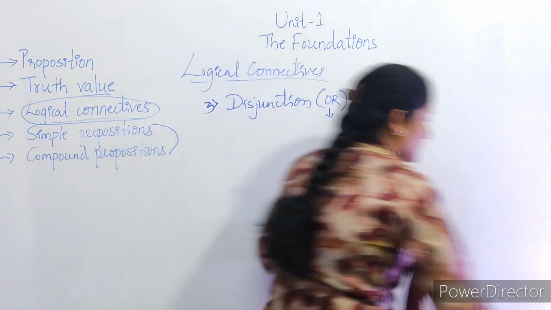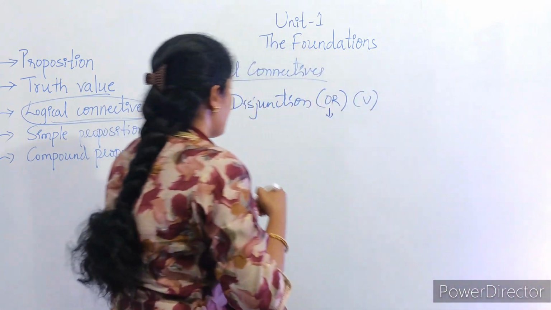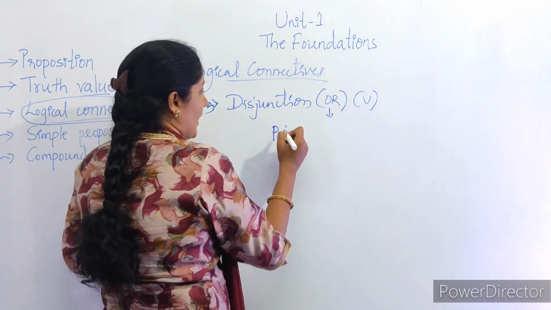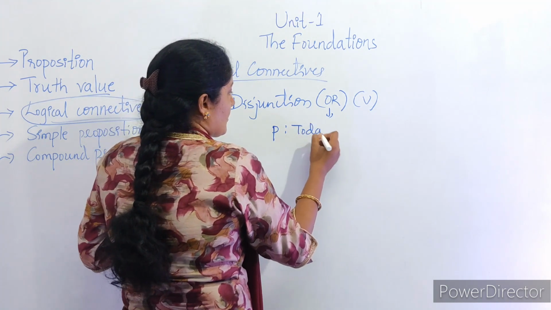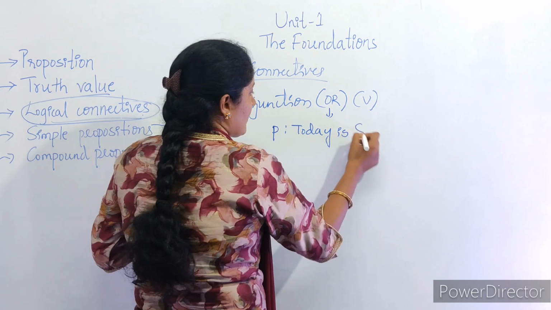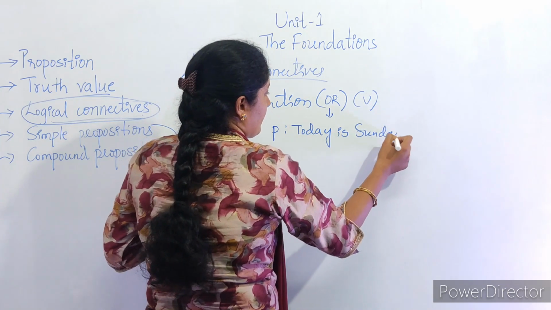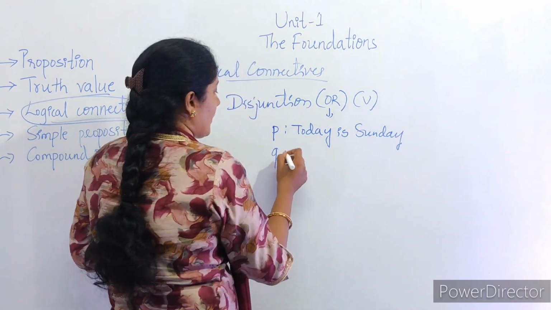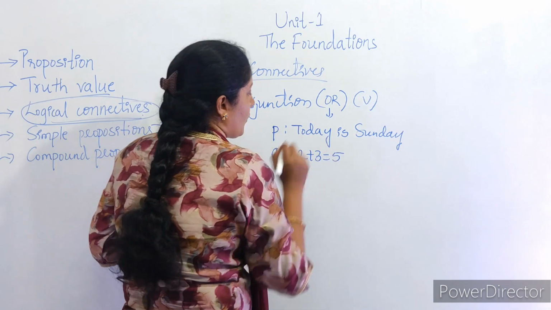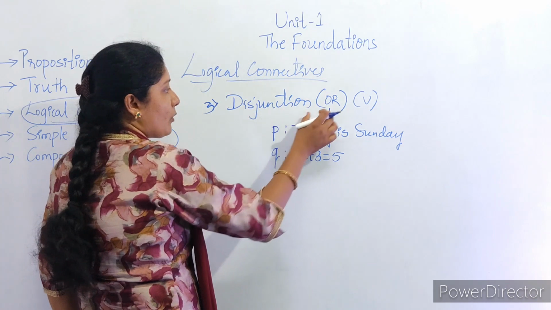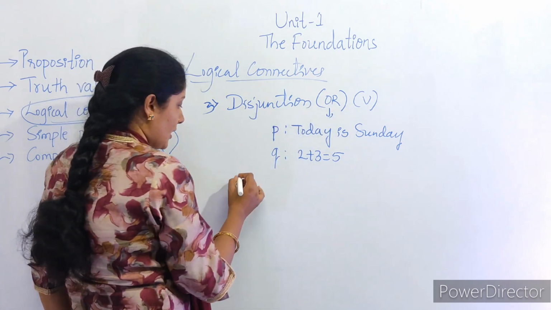For example, let me write one proposition P as today is Sunday, and Q is 2 plus 3 is equal to 5. Now how do I write the disjunction of this?